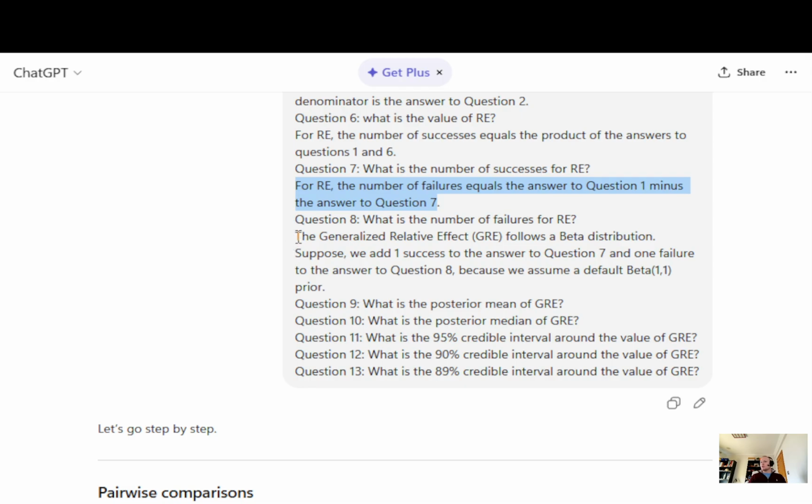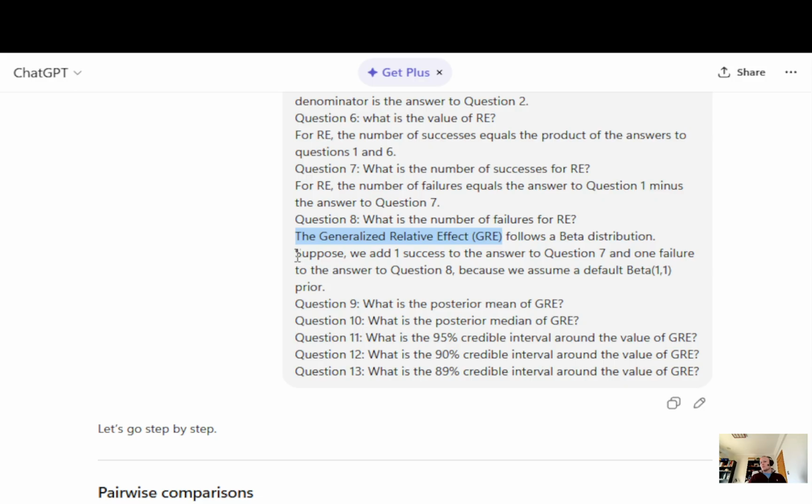And then we go to the generalized relative effect, which is an effect size metric that follows the logic of the relative effect, but treats it as a statistic that follows a so-called beta distribution. So we use that to do Bayesian proportion tests and add credible intervals around these point estimates.